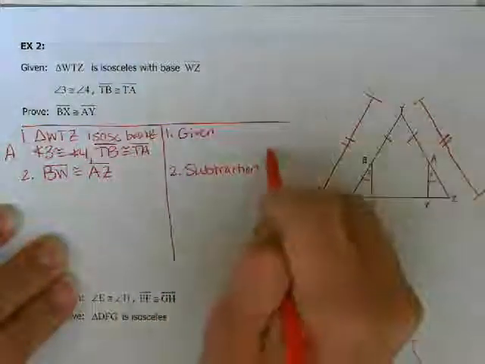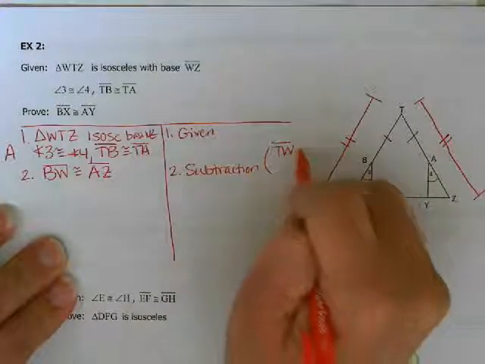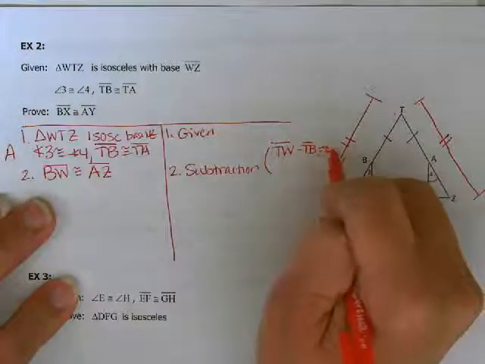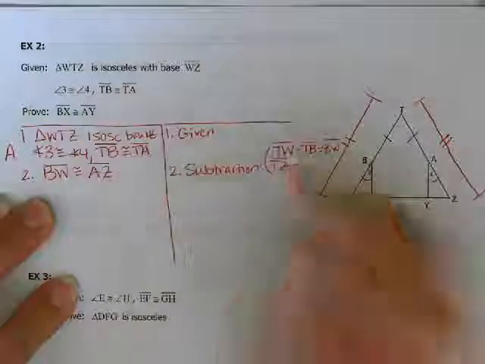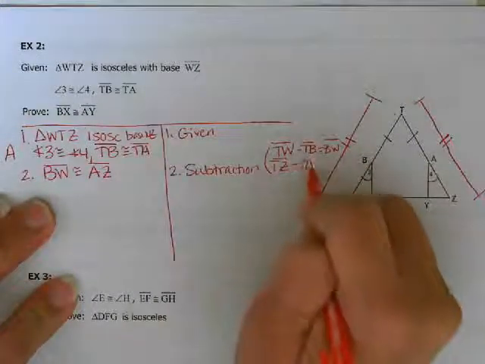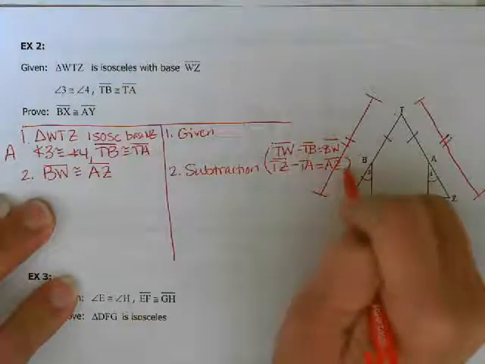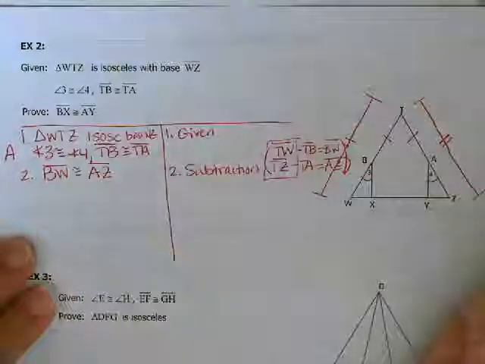And we can use subtraction because we know that if we take TW minus TB, that equals BW. And if we take TZ minus TA, that equals AZ. TW and TZ, oh, I didn't say those were congruent yet.